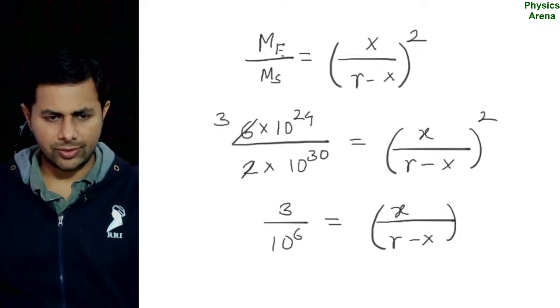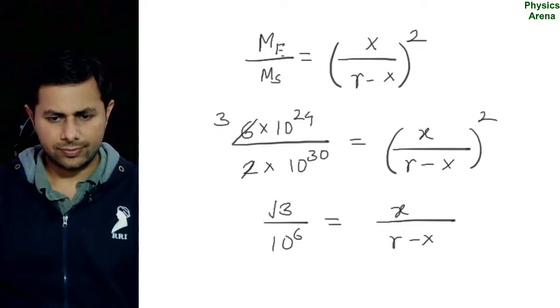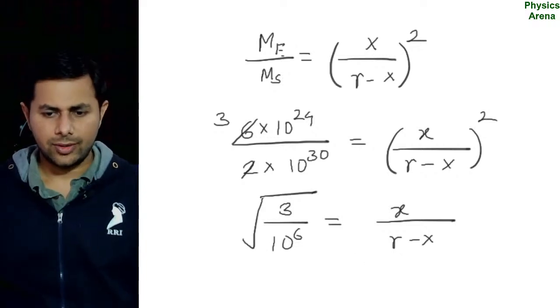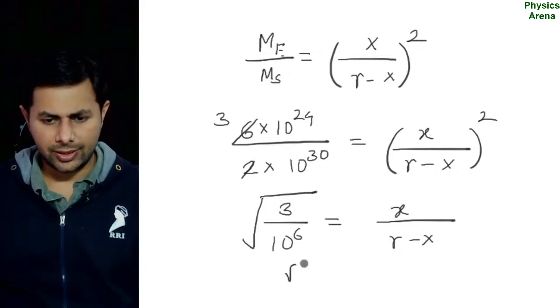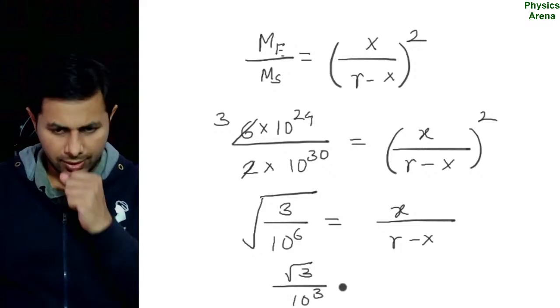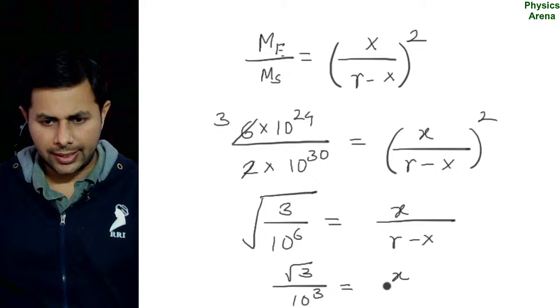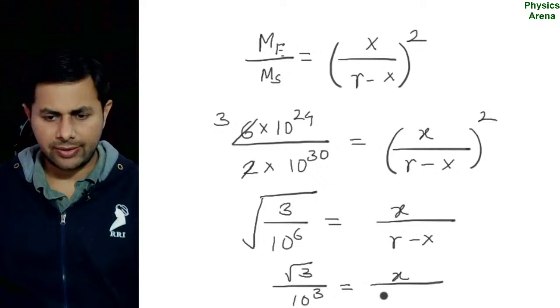Okay, so I will take the square root on both sides. So root 3 in the numerator and the square root of 10 raised to 6 in the denominator. And on the right hand side we have x divided by r minus x.